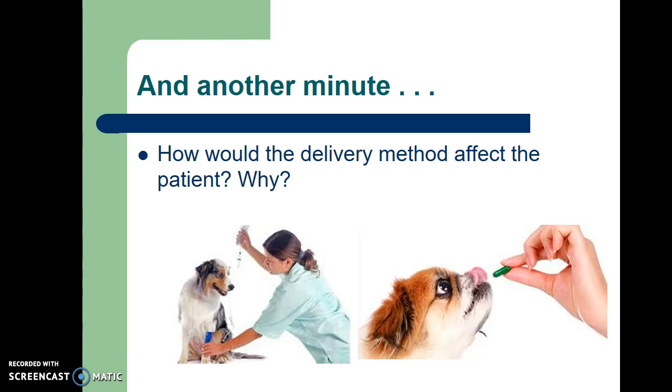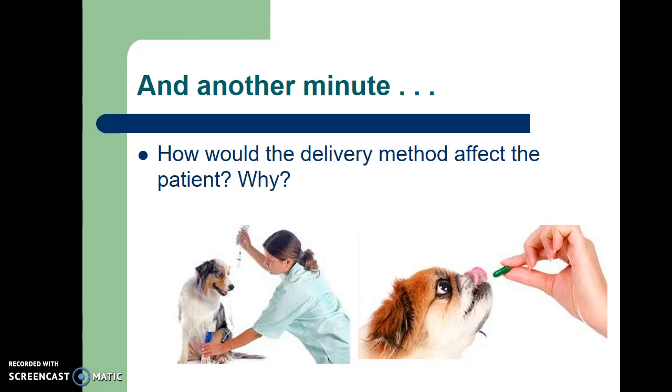I hope you'd have a stand for it because you need somebody else to help hold that dog, although that might be a very obedient dog. But it has an IV catheter in it, and it is getting the drugs directly into the bloodstream. Once it's in the bloodstream, it's going to get to places in the body where we want it to take effect. So that's going to be pretty quick as far as how quick that drug is going to act.